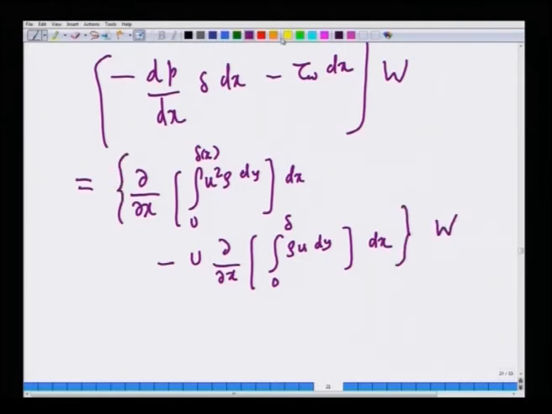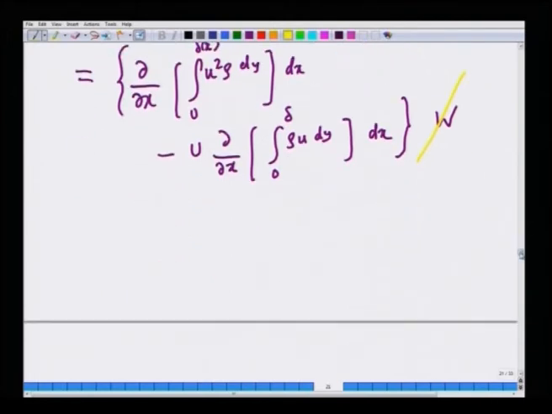Sure enough, w's should cancel from both sides as they do here, otherwise we have made some error in the calculation. Clearly w's, which are the width into the plane of the paper, must cancel out, which they do.